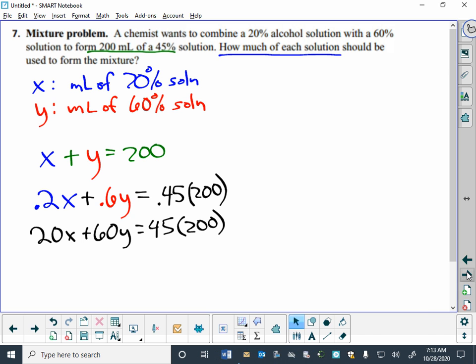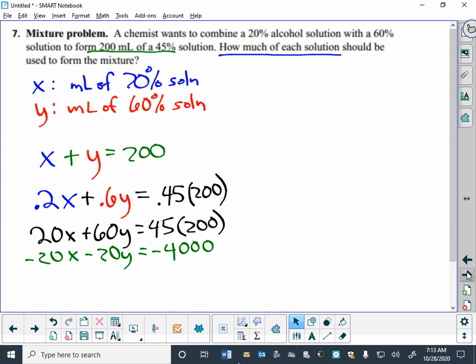If I took the top equation, multiplied everything by negative 20, I could get a negative 20x minus 20y is equal to negative 20 times 200, which is negative 4,000. Okay. My 45 times 200 here feels like about 9,000. Let me double check that.